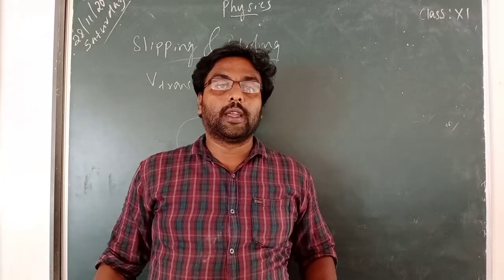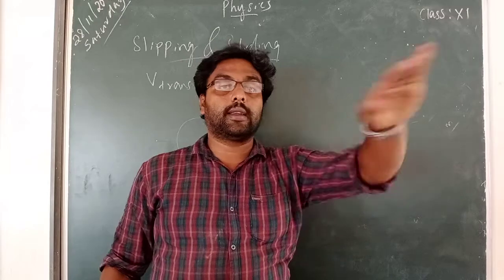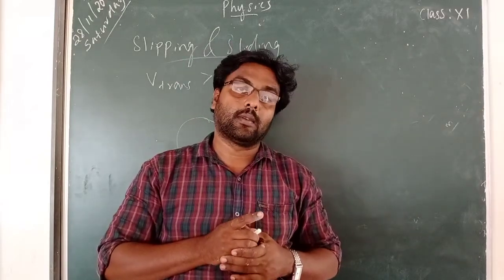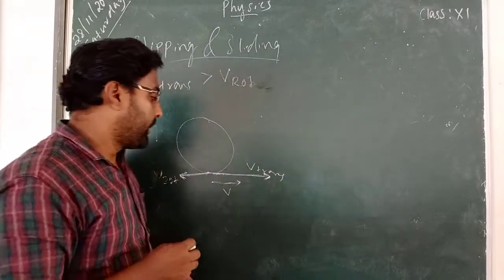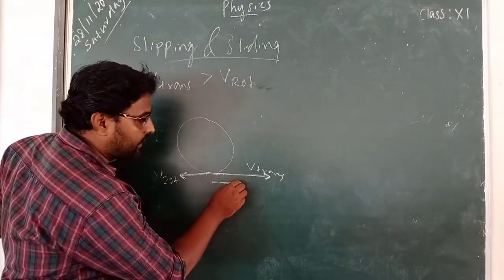Then you can see after some time it will slide and stop, and pure rolling happens again. How is it happening? In this direction there is a resultant velocity.